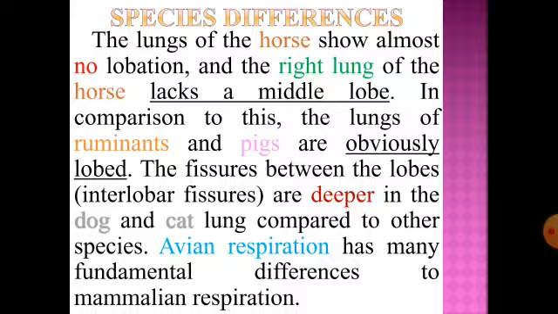The fissures between the lobes, interlobar fissures, are deeper in the dog and cat lung compared to other species. Avian respiration has many fundamental differences to mammalian respiration.